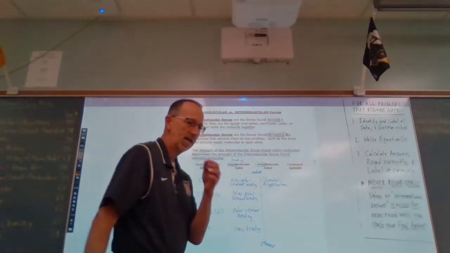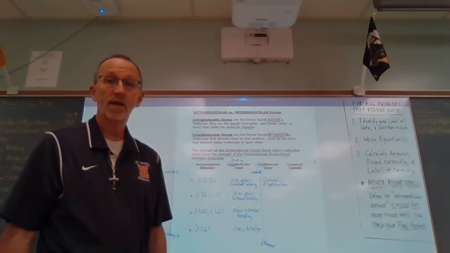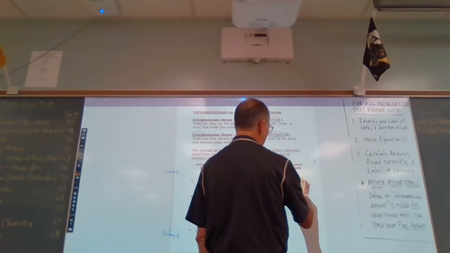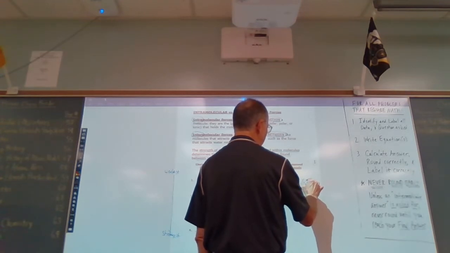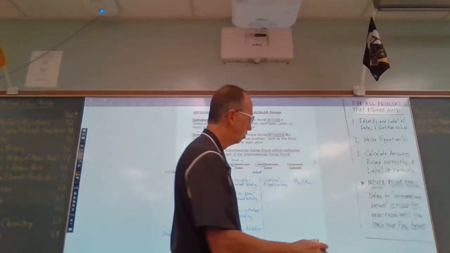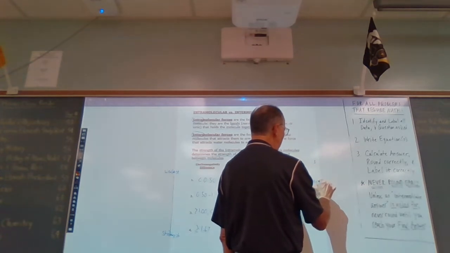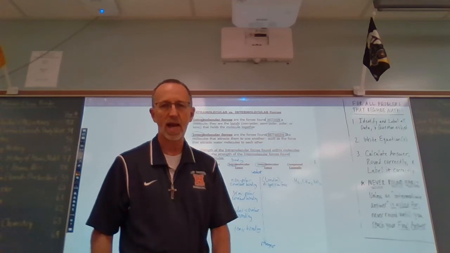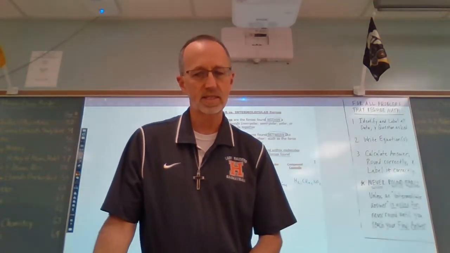So anything that's bonded via nonpolar covalent bonding, like a molecule of hydrogen or CH4 or NO2, anything where the electronegativity difference within the atoms of the molecule is less than 0.5.